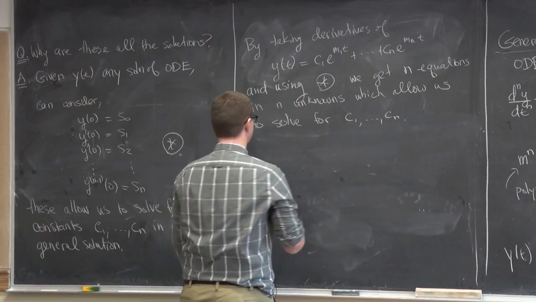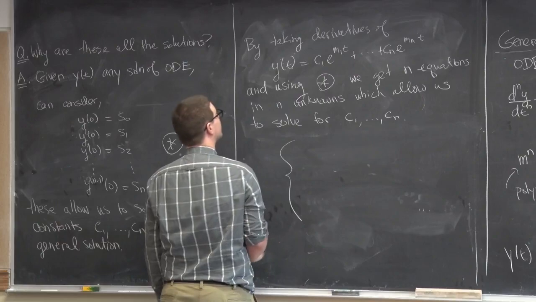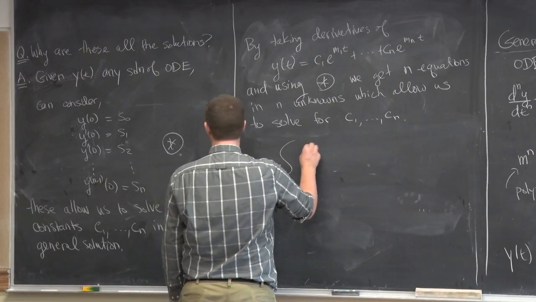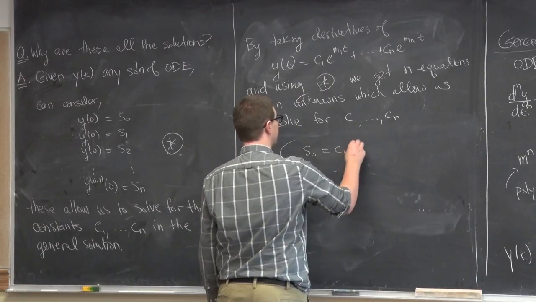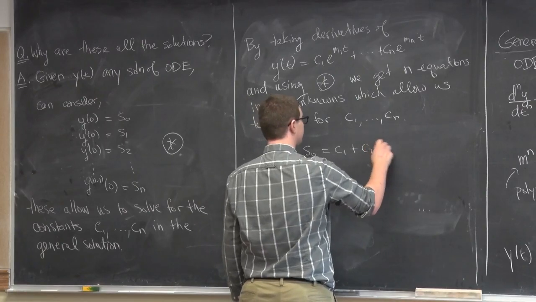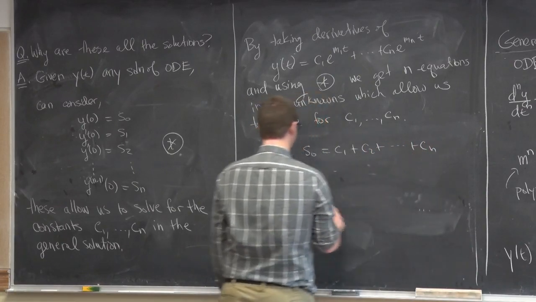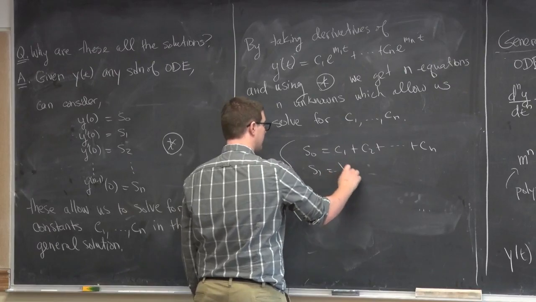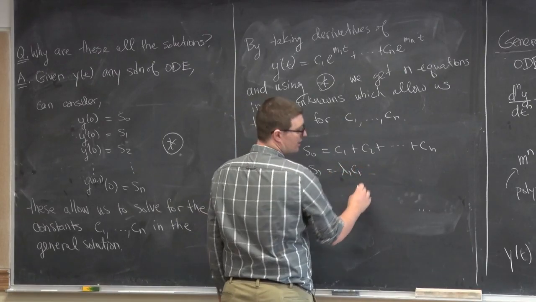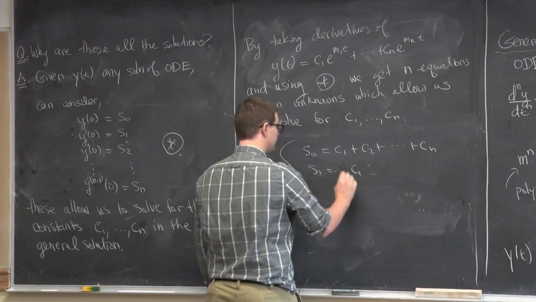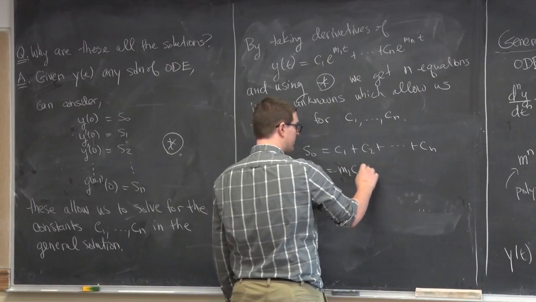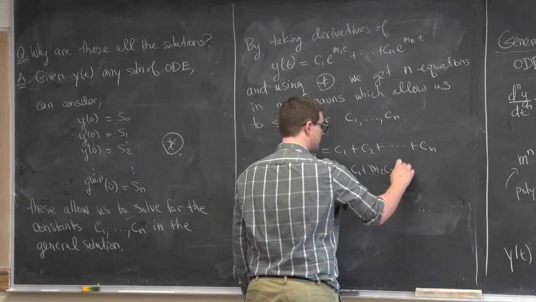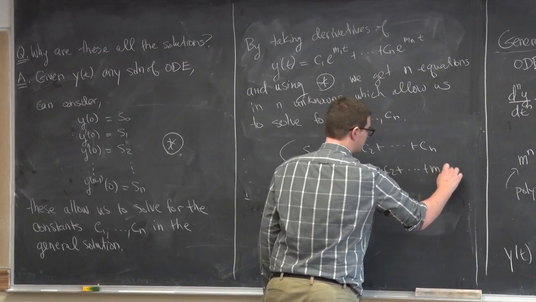Okay, so let me show you the system of equations. The system of equations looks like this. S0 is equal to C1 plus C2 plus Cn. S1 looks like lambda 1 C1, I use M1, M1 C1 plus M2 C2, plus Mn Cn.